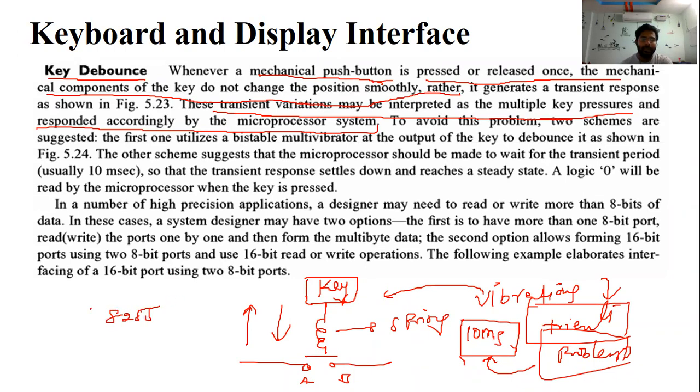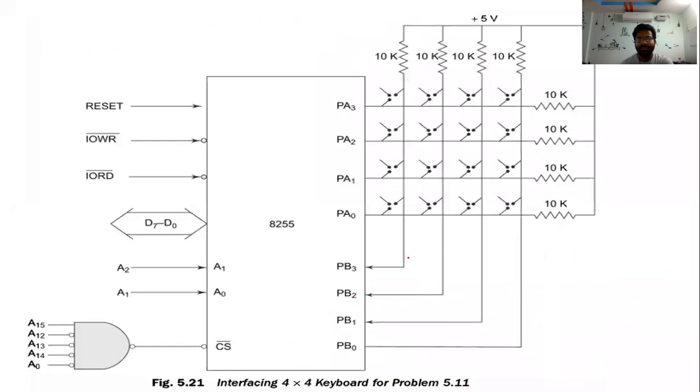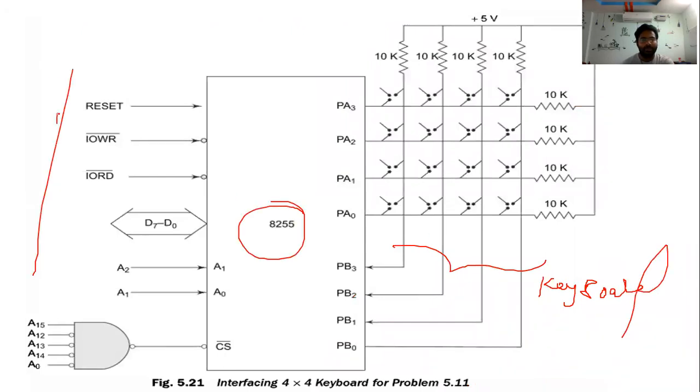This is the keyboard, this is the 8255 PPI, and this is the microprocessor. Whenever you press two keys at a time, the 8255 PPI does not identify any one of the keys.